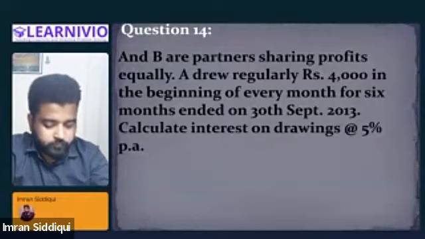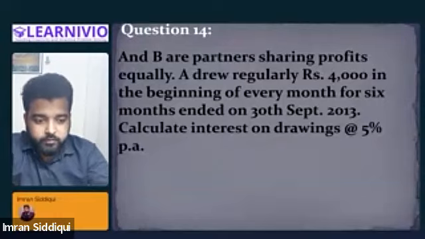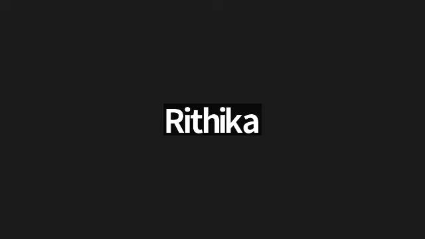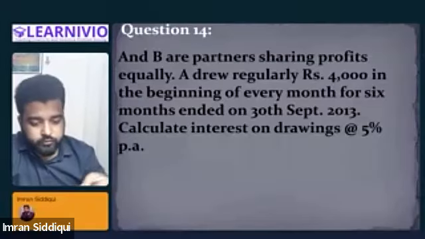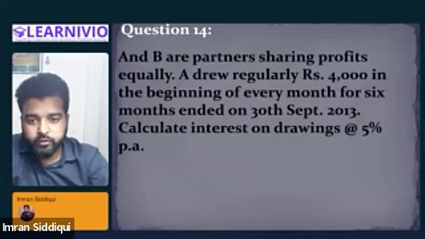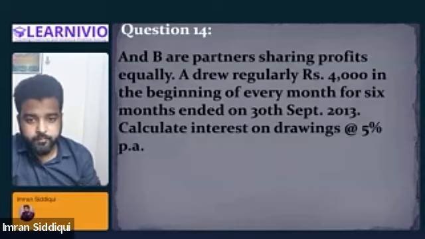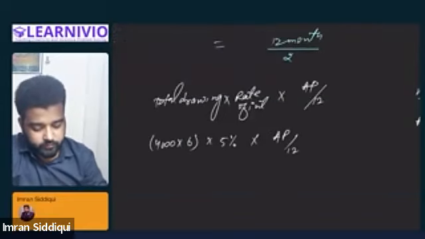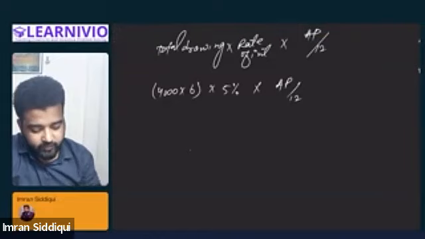Okay. Ritika, am I audible? Yes, sir. Okay. So see, what I was saying, let me show you the calculation. First of all, we'll apply this formula to find out the interest on drawing.